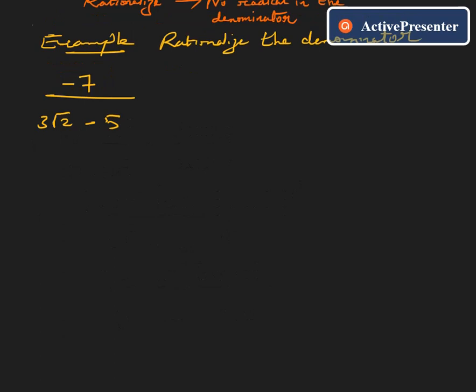Now let's take this example. How to rationalize this? We will use the conjugate. So it is minus 7 over 3 square root of 2 minus 5, also multiplied by the conjugate, which is 3 square root of 2 plus 5, the same you will do here, plus 5.